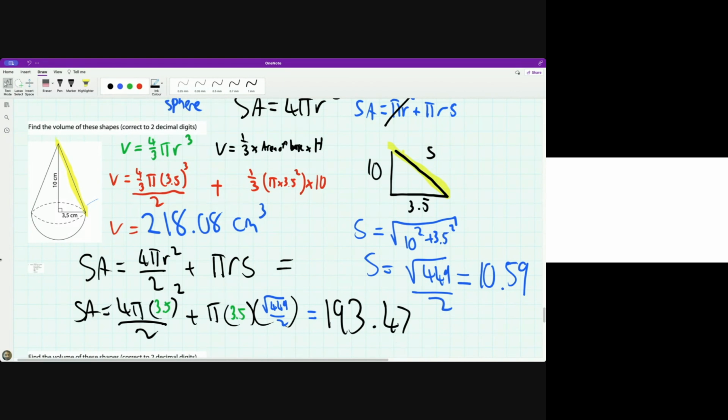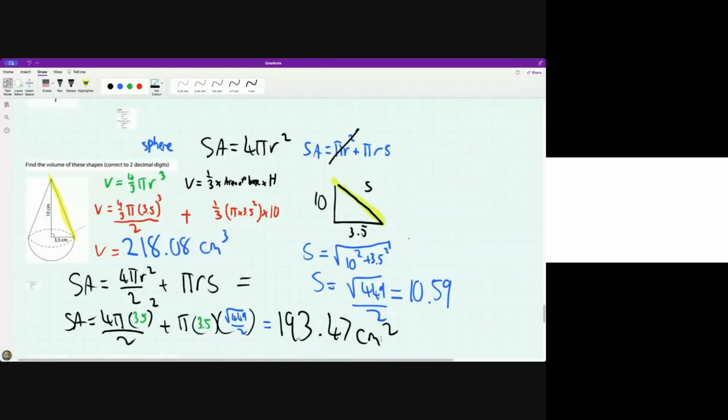And I get, oh, why is it being funny? Plus 4 times. I get 193.47. Oh, it just depends on if you add some decimals. Okay, that's fine. So we're in the right ballpark. So that is centimeters squared.